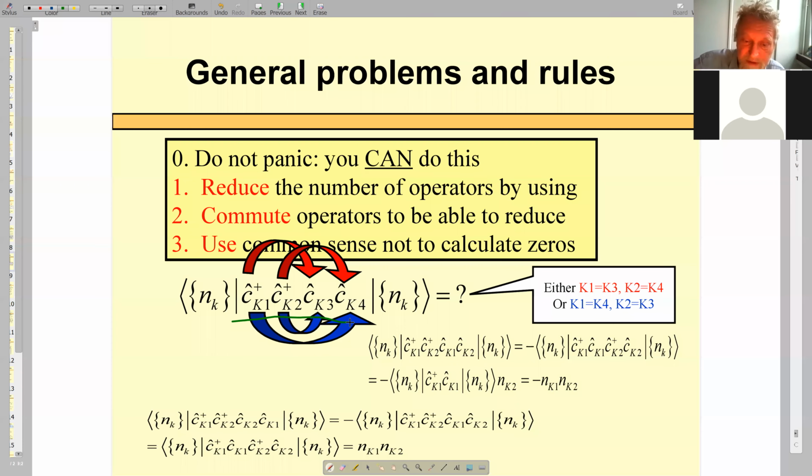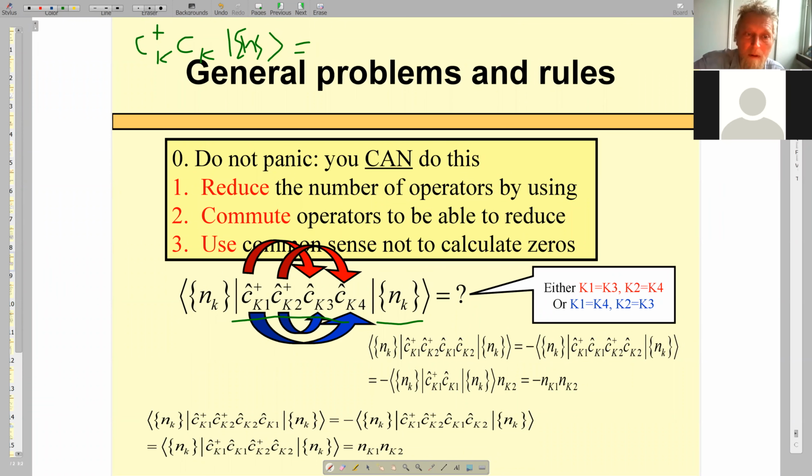This state is a number state. So if we act on this state with these 2 operators, what do you get?